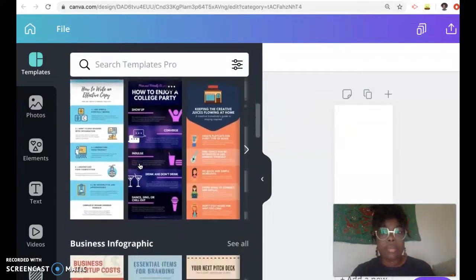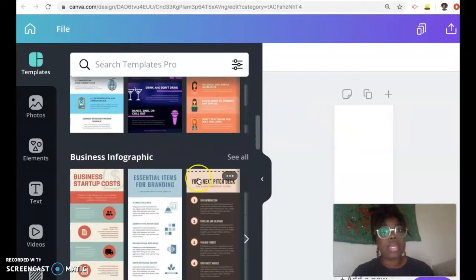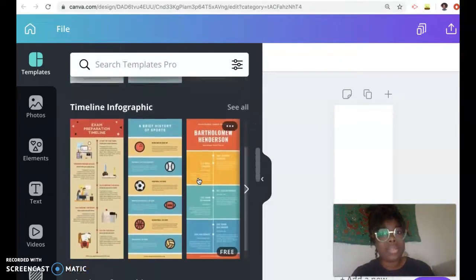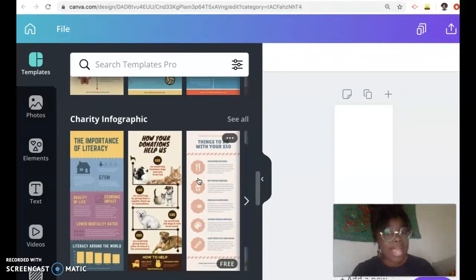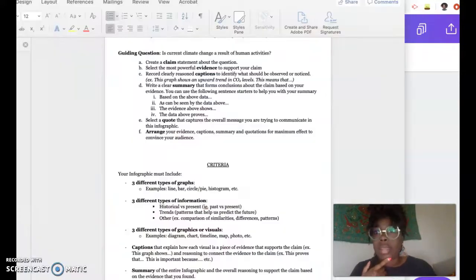All right, they're quite nice. You want to choose the one that is most appealing to you, but also user-friendly. That means one that you'll be able to actually add the data that you have in a way that looks appealing, in a way that conveys the message that you're trying to convey.